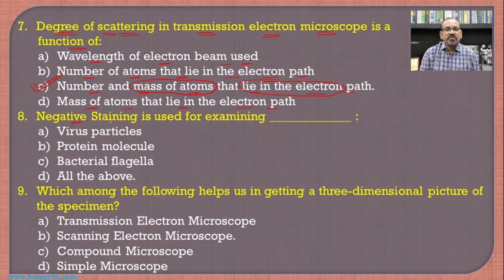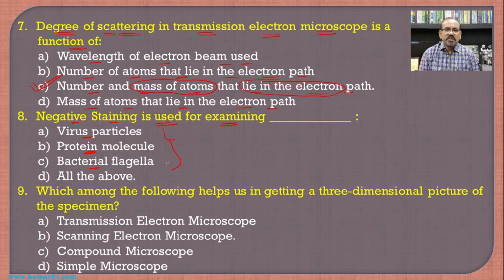The negative staining is used for examining. Usually the negative staining is used for very small particles. So the virus particles, protein molecules, and the bacterial flagella are very tiny particles which cannot be observed under the light microscope.